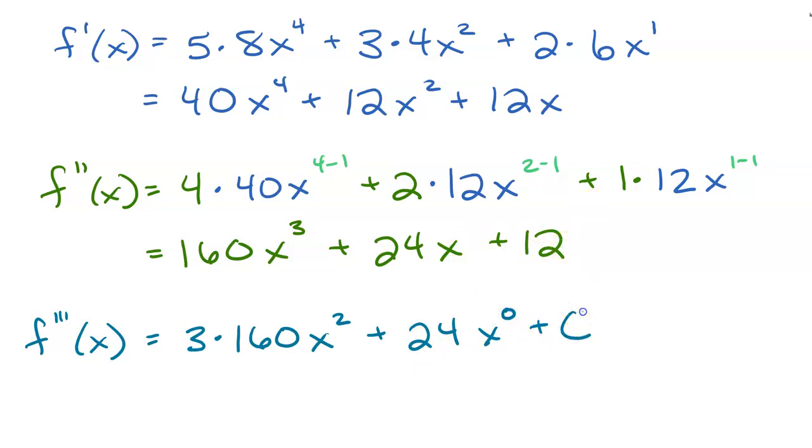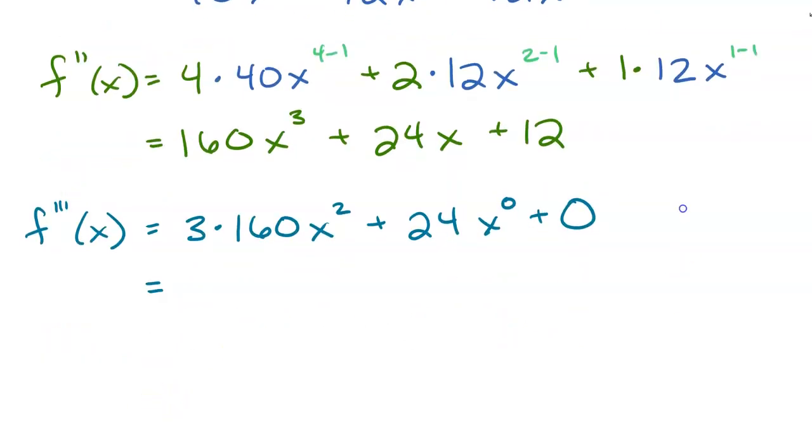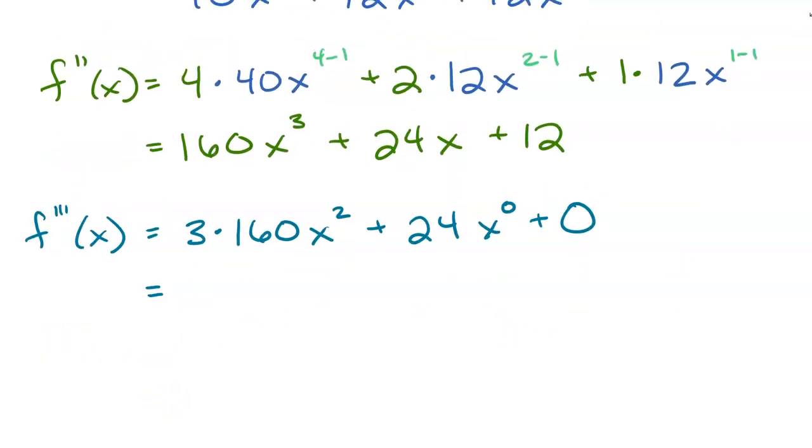Derivative of any constant is 0. 3 times 160, actually don't know that one off the top of my head. So, calculator time. Anything to the 0 power is 1. And 0, of course, goes away.